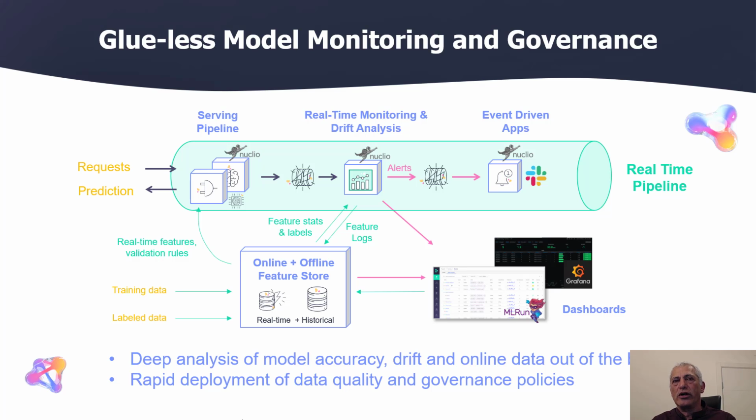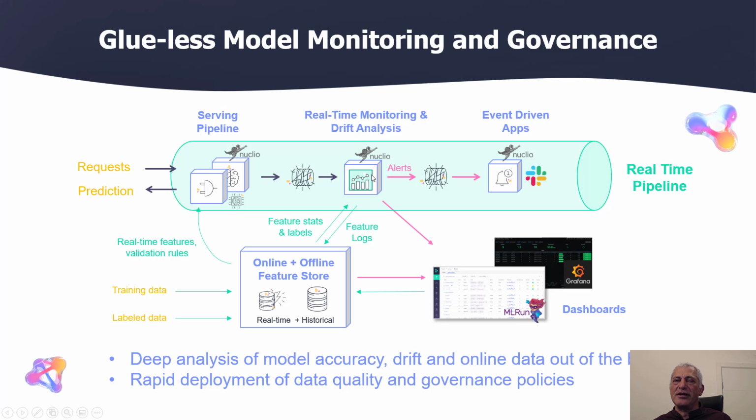The way that it works within MLRun and the Nuclio system and the Iguazio platform is essentially you have those model serving frameworks that get those requests and generate the predictions. We talked a minute ago about the feature store, so they get the actual feature enrichment from the feature store. But the model serving functions also track everything that happens. They track the performance, the incoming values, the prediction, and so on, and turn everything into a real-time stream.